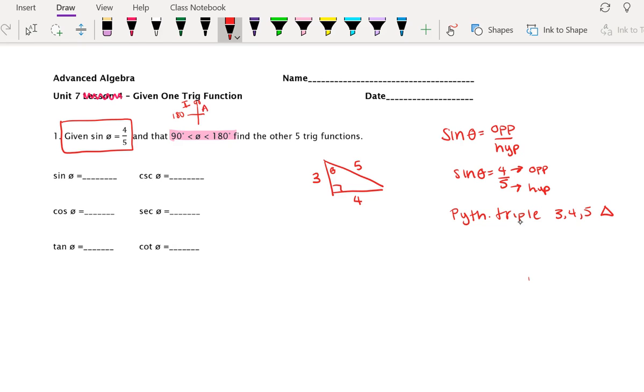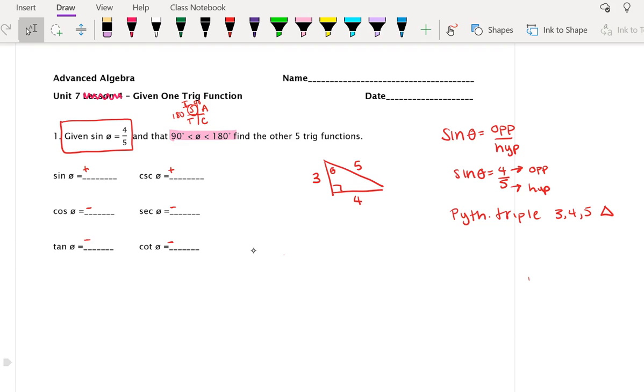Remember, it's all students take calculus, so sine and cosecant would be the two positive functions, and cosine and secant are negative.